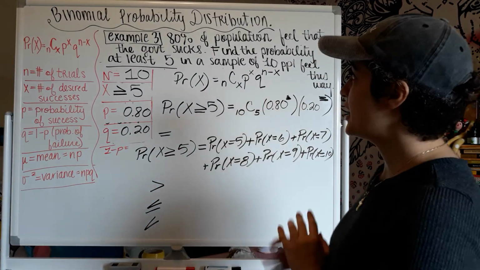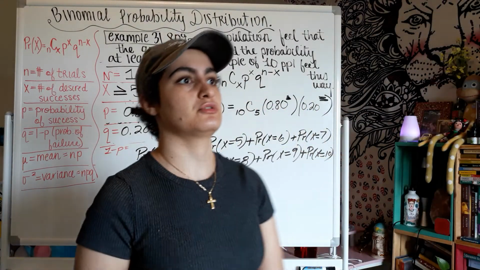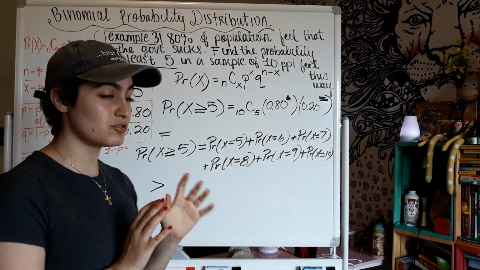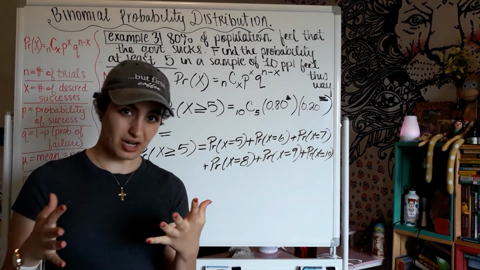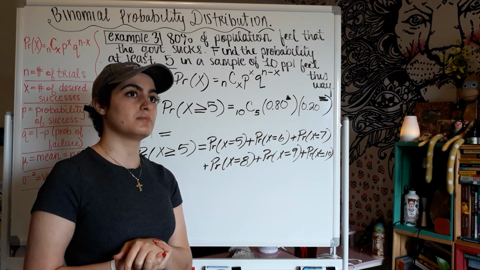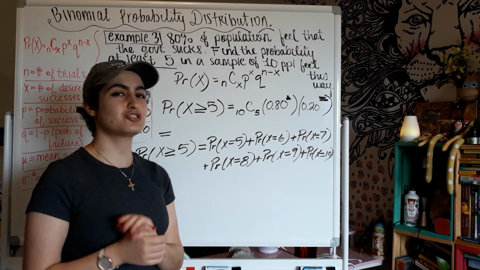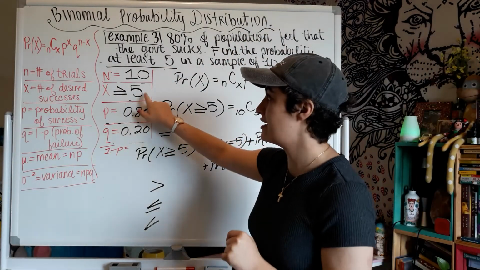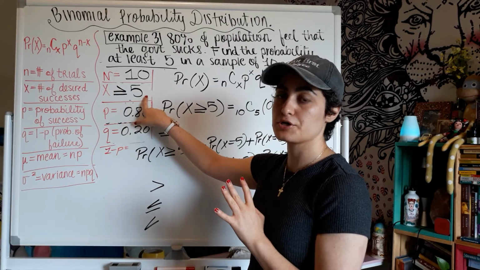So that's really it for the binomial distribution formula. It looks like a lot, but it's really not. Just don't let it intimidate you. Honestly, determining the X is the hardest part.